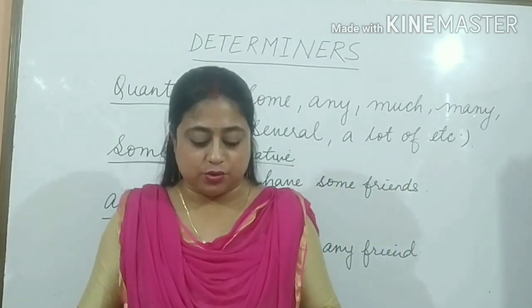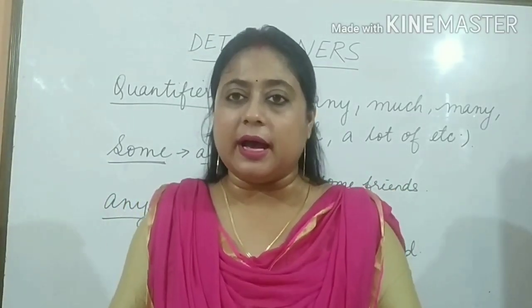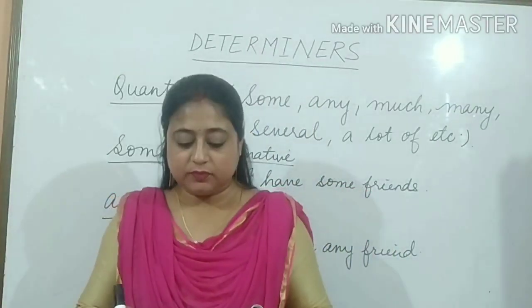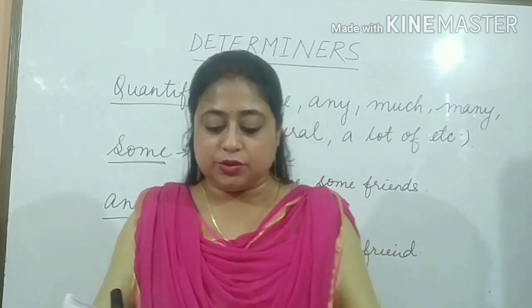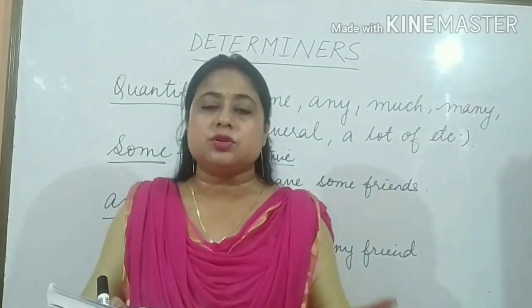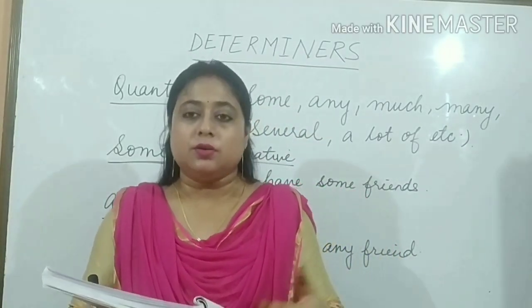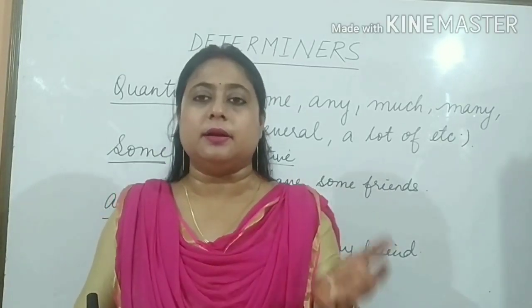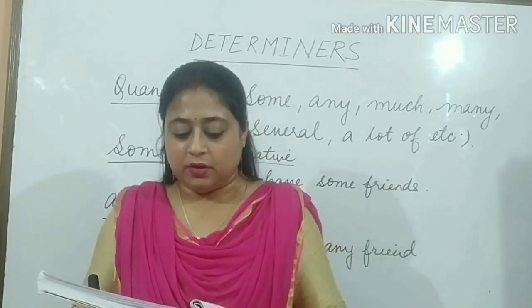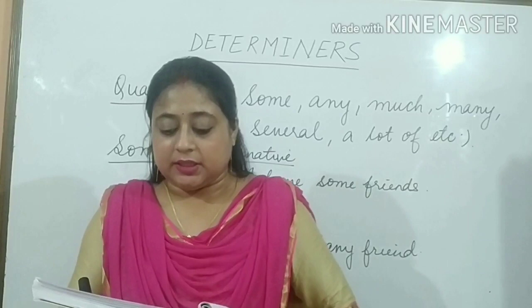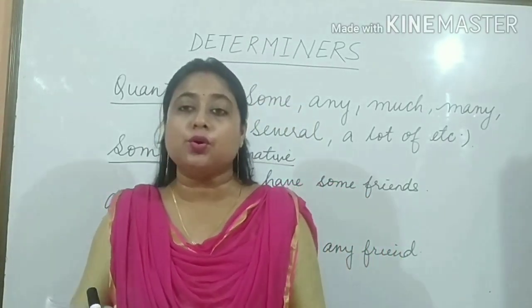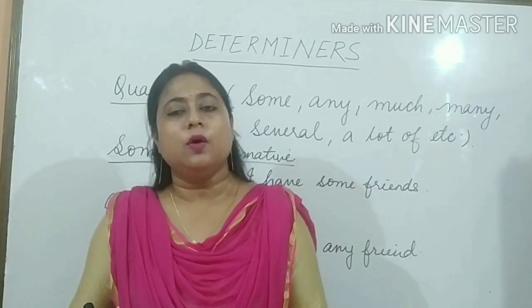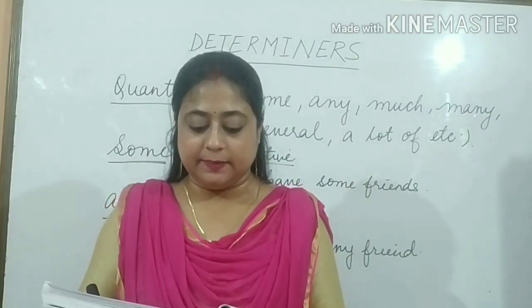Next is few, a few and the few. Where we use few, so few is used to show almost not many, almost none, nothing. For example, this TV channel is not good. It shows few good programs, means almost no good programs are there.